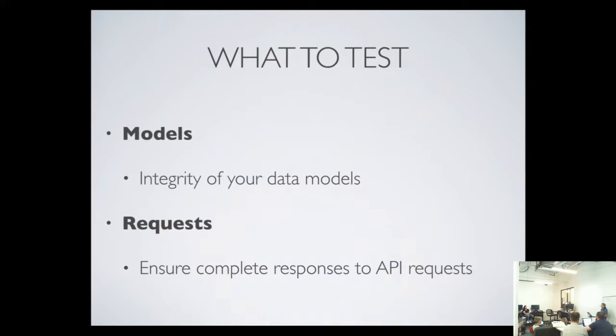So when the client hits this endpoint or this URL, is my Rails application able to receive it? Does it recognize it? Does it go to the right controller method? Does it bring back the data that I expect? You can think of models as closer to your unit tests, and requests as your integration tests. With models, you're just testing your one class. A request test is testing everything, all the way from the routes back to your Active Record models, and seeing how those things are connected and if they're working properly.